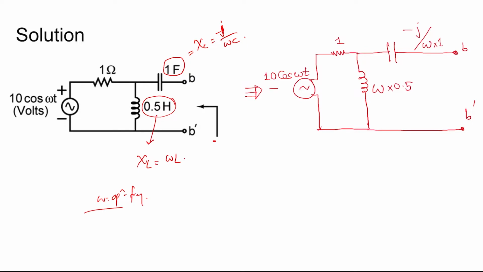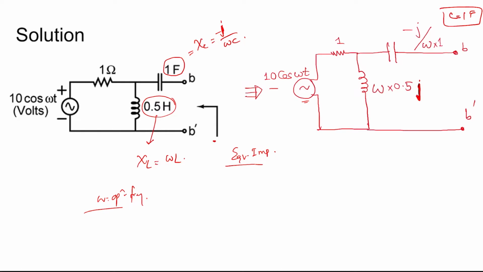So now we have drawn the impedance diagram where R is equal to 1, XC equal to minus j by omega into 1 because C is 1 farad, so minus j by omega, and omega L, that is the inductive impedance, which is omega into 0.5. The inductive impedance is plus j 0.5 omega.